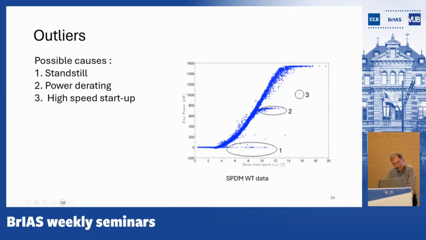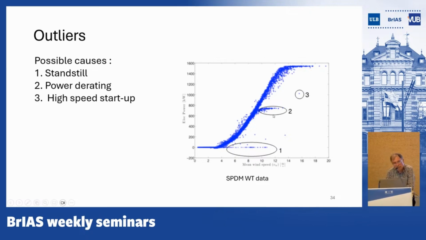So you see that besides the curve that you have in the data sheet, you have some additional points. You have some dispersion because you are also doing 10-minute averages. But you clearly have situations where, for instance here, the wind turbine is at standstill while it could produce. Mainly, it could be in maintenance. You have situations where it is operating in power derating mode.